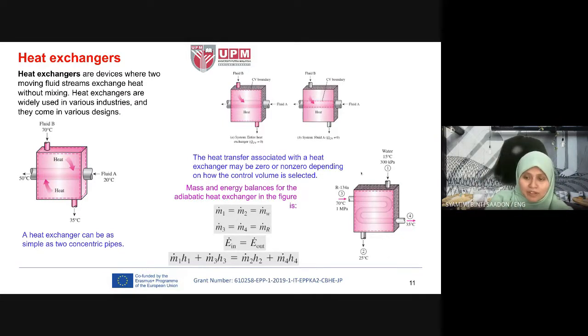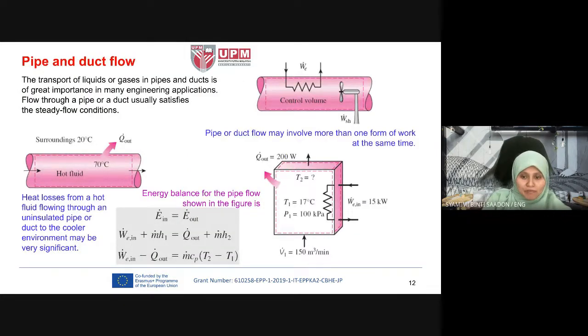Kalau dia from outside, then we have Q in or Q out. But here we define the control volume to include all of the system, including the heat from fluid B. So it is included in the control volume. Okay, we will see in the tutorial later on. And then pipe and duct flow.